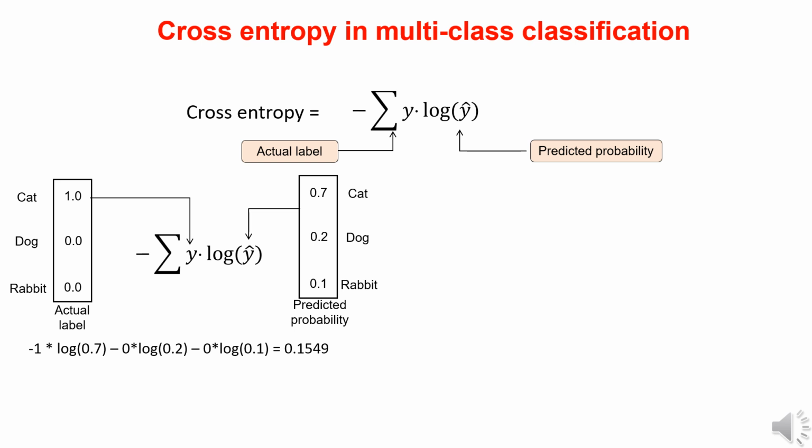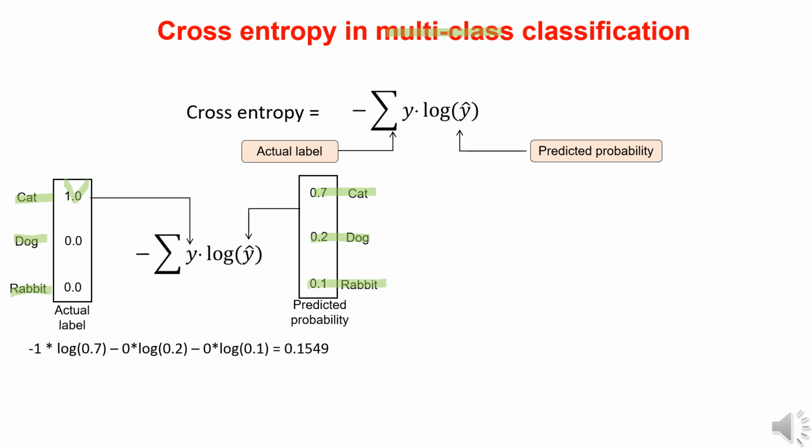Now, let's apply cross-entropy to a multi-class classification problem. Consider a scenario where we need to classify 3 classes: cat, dog, and rabbit. The actual label is a cat, and the model's predicted probabilities are 0.7 for cat, 0.2 for dog, and 0.1 for rabbit.